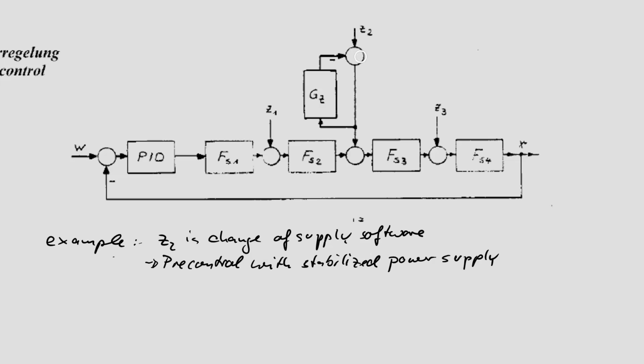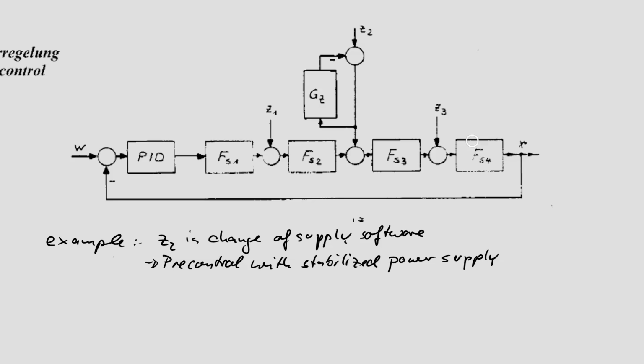We add an actuator, for example after the rectifier, a transistor or linear controller. The output voltage then is measured, and with an internal controller, this transistor is controlled in such a way that this voltage is constant. So here can be a change, and here is no change. So this is the idea of a stabilized power supply.